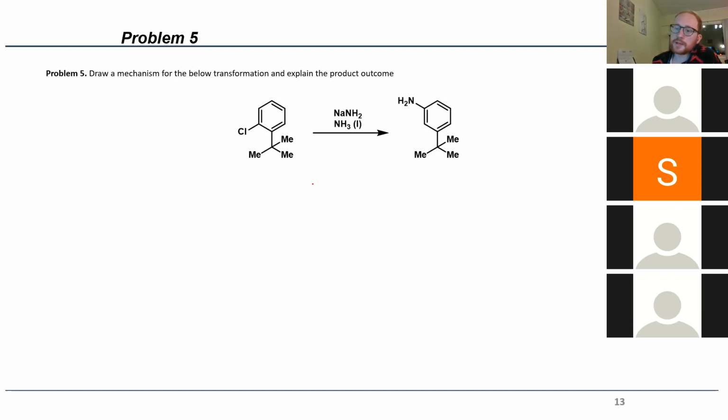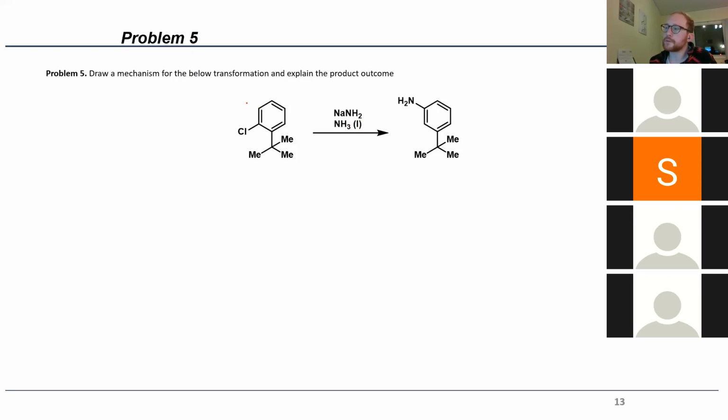But when we look at this molecule and see these very strongly basic conditions as well as the reaction outcome here, we want to start thinking about chemistry that we learned in class just this morning. And so these sodium amide ammonia conditions are quite classic conditions for the formation of benzyne from aryl chlorides or aryl halides. And so when I see these, I'm keyed in right away to a benzyne problem.